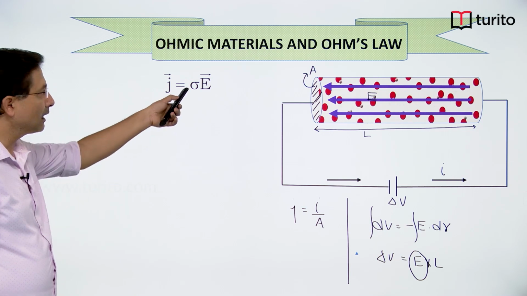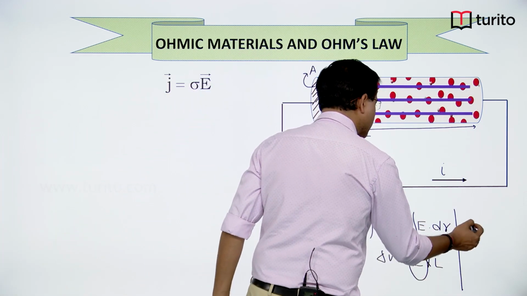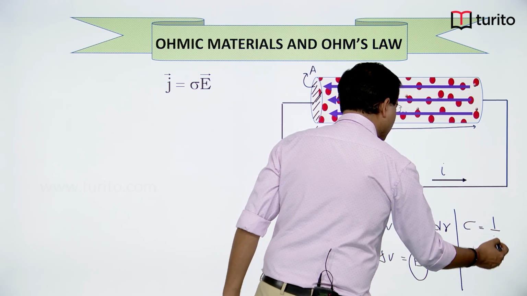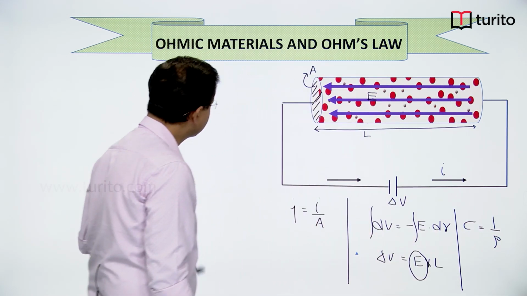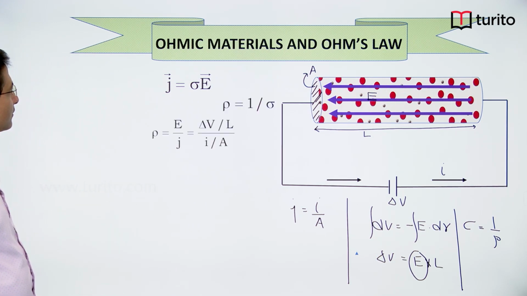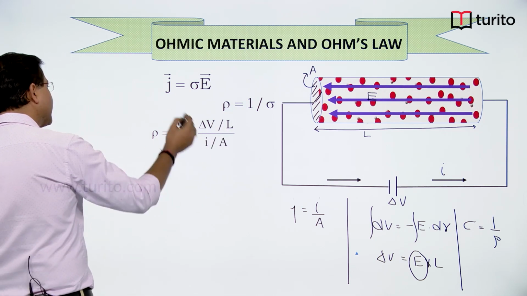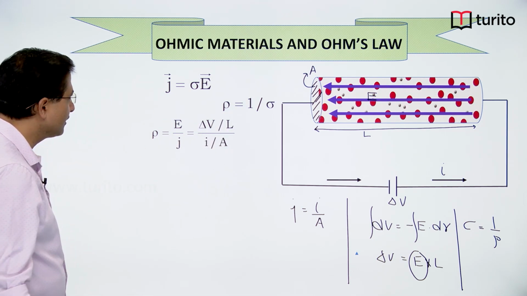And rho we have just seen, sigma is equal to 1 upon rho. So, I can substitute sigma is equal to 1 upon rho. So, all these values I will substitute. So, E can be written as delta V by L and J can be written as I by A, that will be equal to sigma, right.